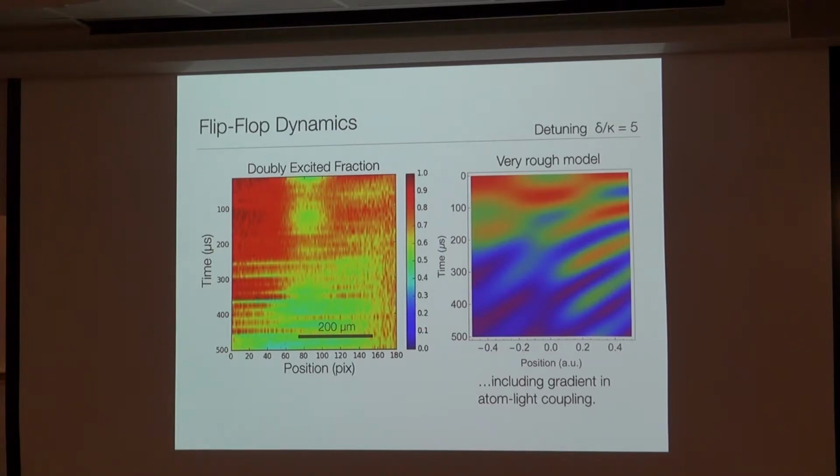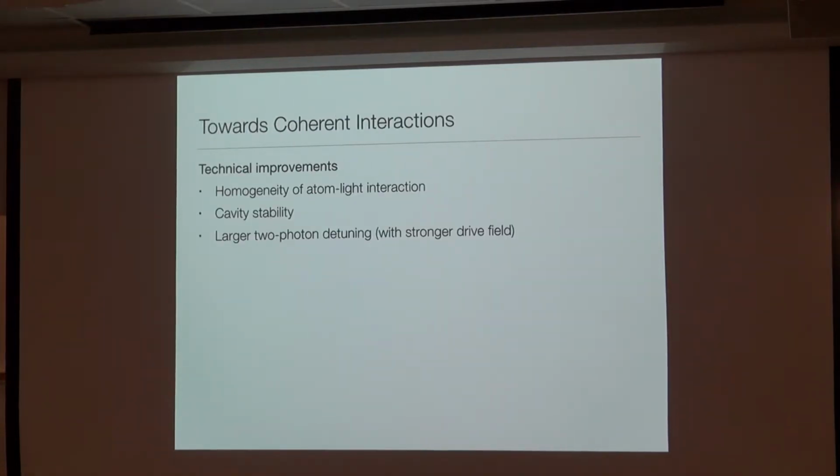We're working on controlling lots of things better to make these interactions more and more coherent: the homogeneity of the atom-light interactions, cavity stability. And in principle, we can go to even larger 2-photon detuning to get more into the coherent and away from the dissipative regime. That's also just a technical improvement. So all of these things are on the agenda.